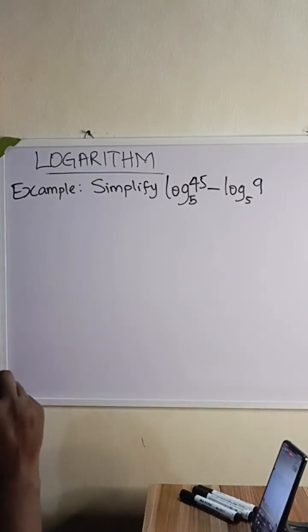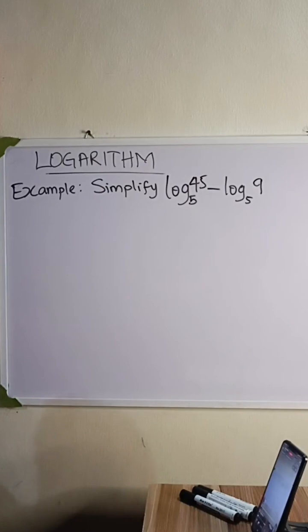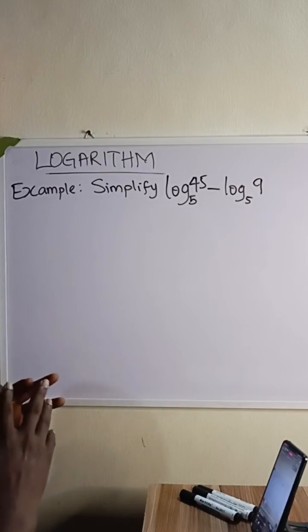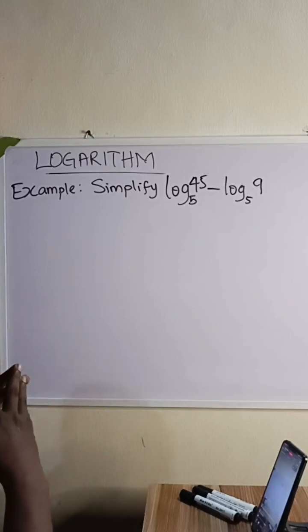So log 45 base 5 minus log 9 base 5. What law, from all the laws we've learned, do you think we can apply here to start off the process of solving?